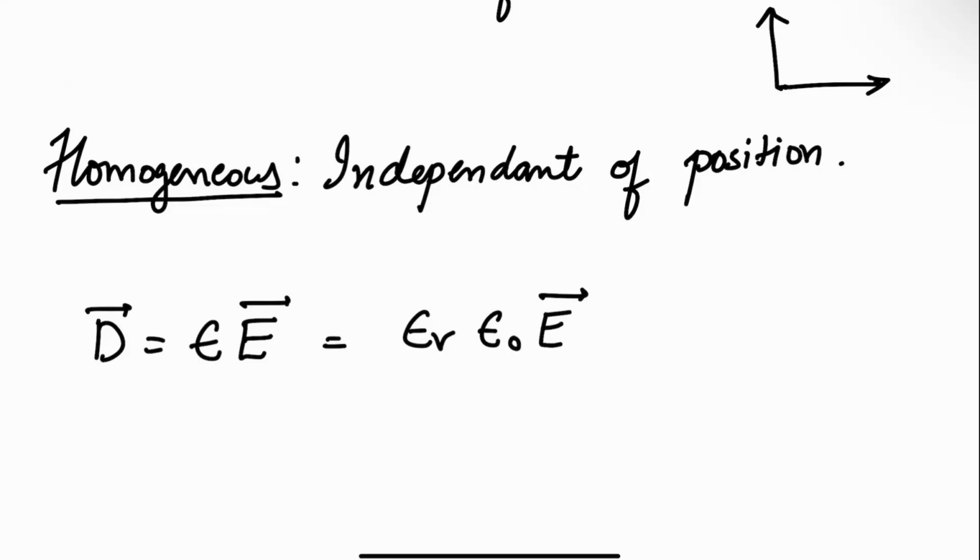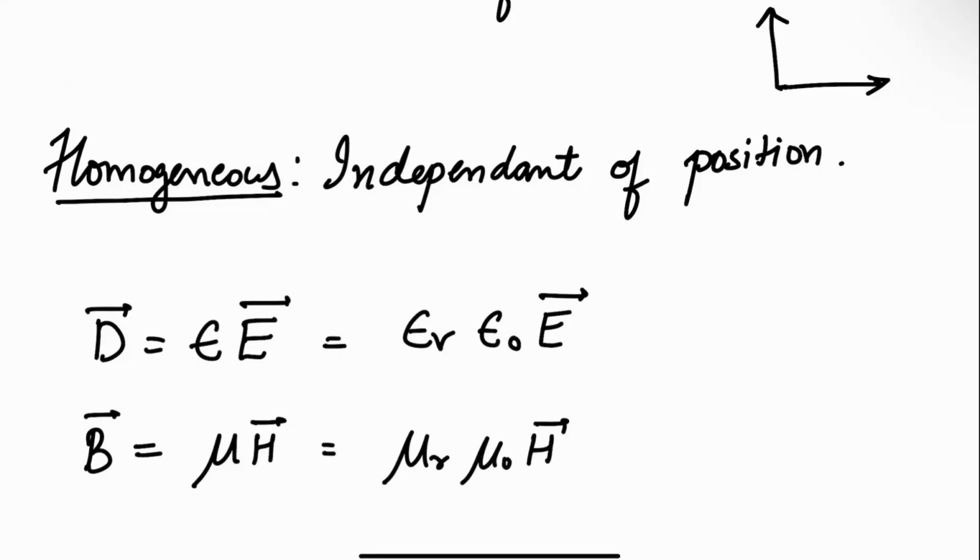And we'll see what this epsilon R is. Similarly, B is mu H, which is a constant mu R times mu naught H. Okay, so epsilon R is called the relative permittivity. Permittivity, there's two T's.